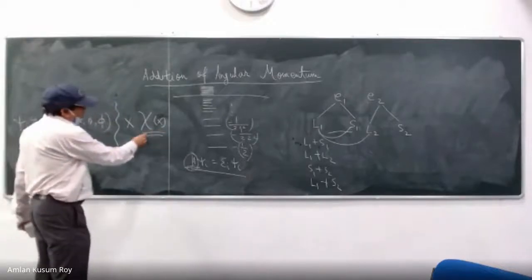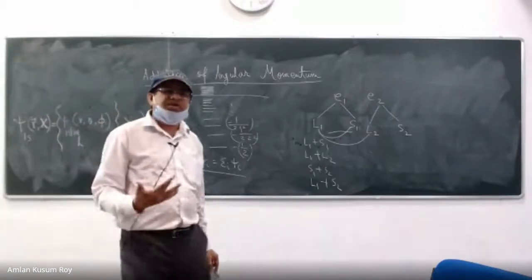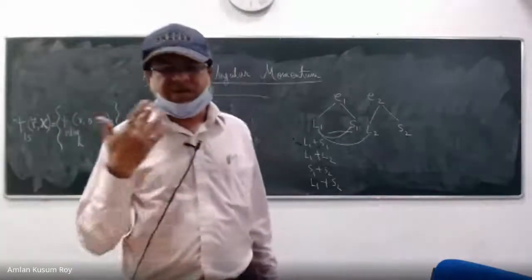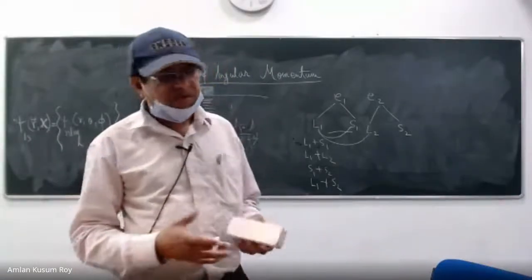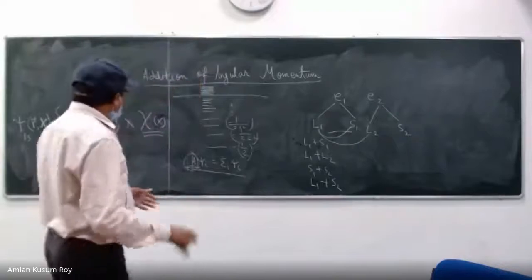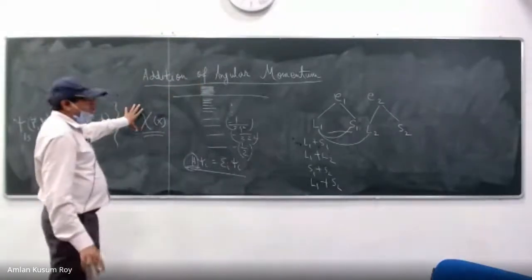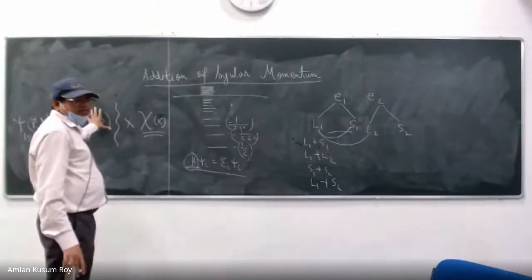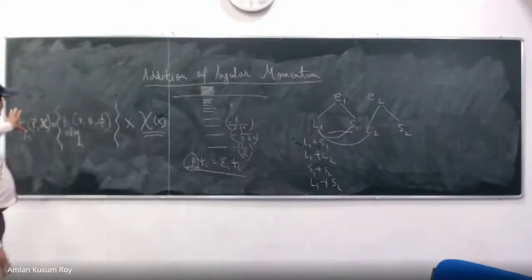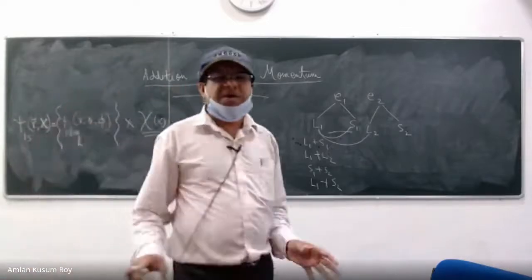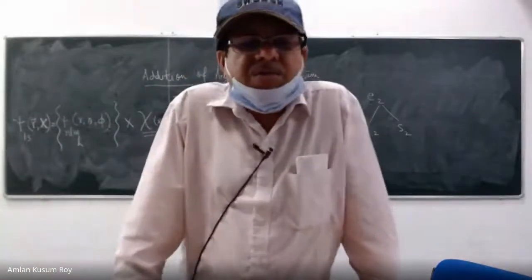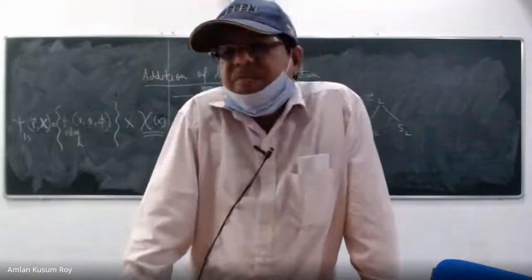There is a spin function. What is that function? I will not discuss that at this point because it takes a lot of material. But there will be a spin function which will be multiplied with your space function. Then it becomes a spin orbital. You must have heard about spin orbital. Have you heard about the term spin orbital? Yes, no?